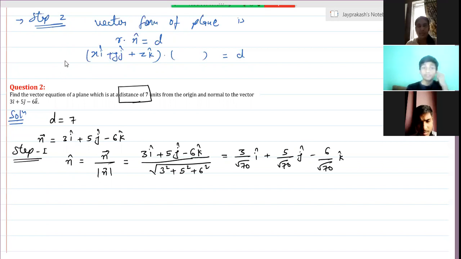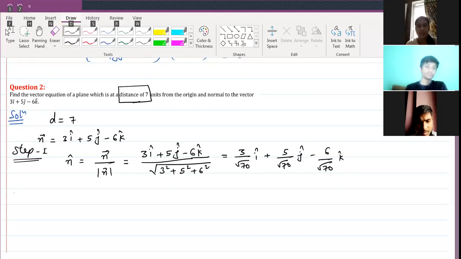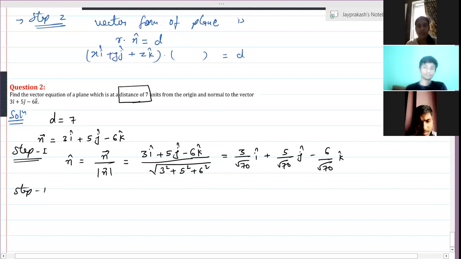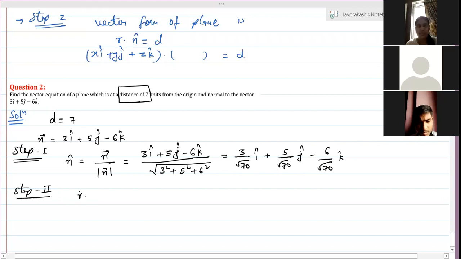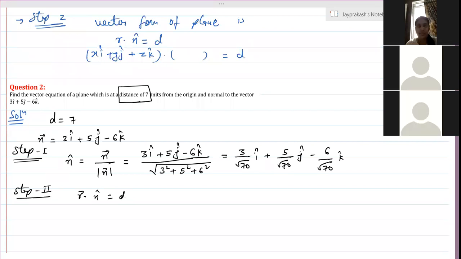Now in step number 2, what we have written is that the vector form is r dot n equals d. Correct, Pratyush? Yes.